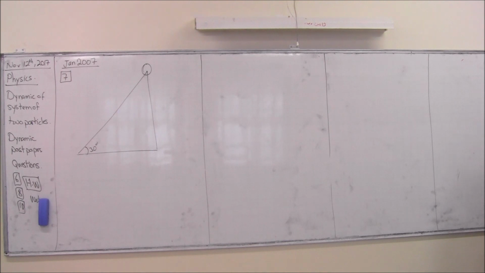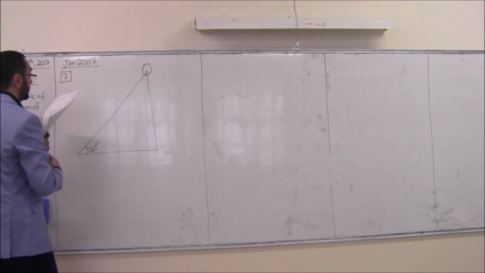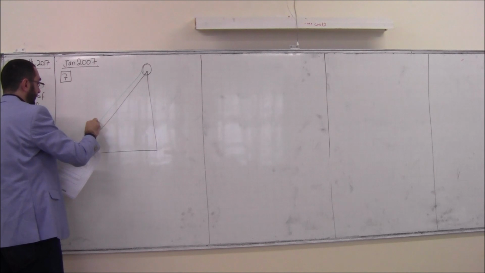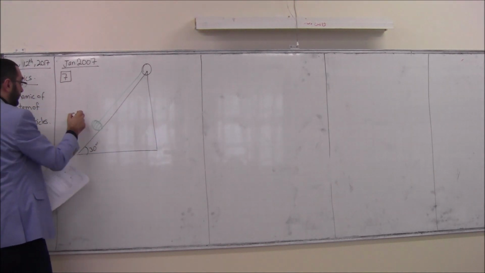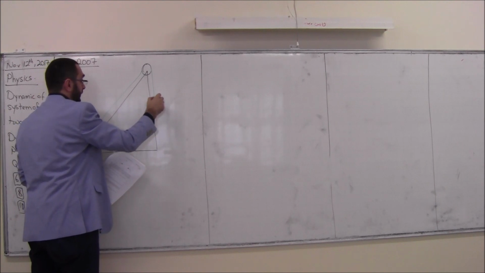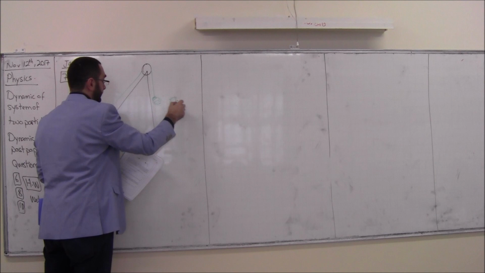Now look at this. This is particle P, which is 3 kilograms, and here there is a particle Q, 2 kilograms.